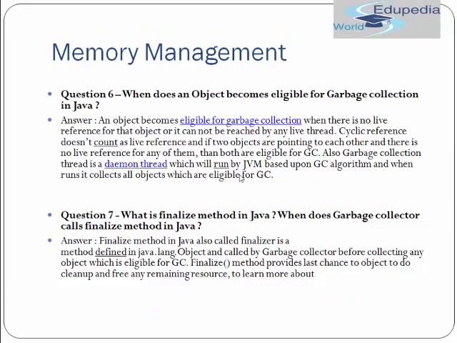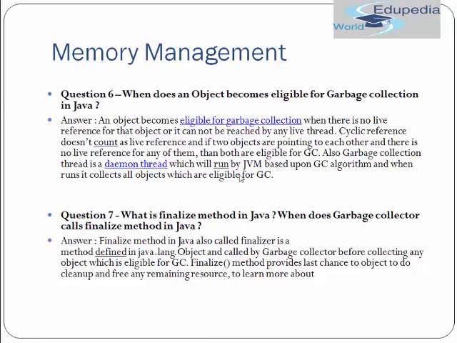Now another important question is, when does an object become eligible for garbage collection in Java? This is a really common question, and even if your exam does not contain advanced memory management topics, this question can still occur because it is one of the basic questions.